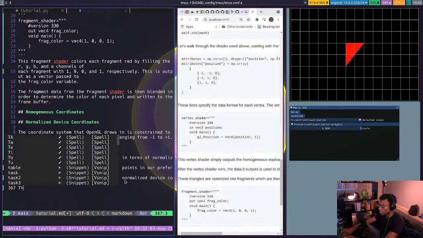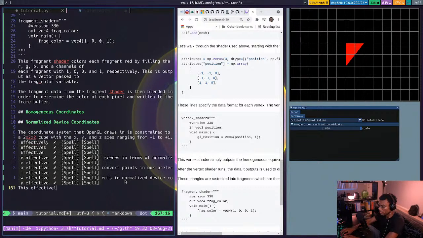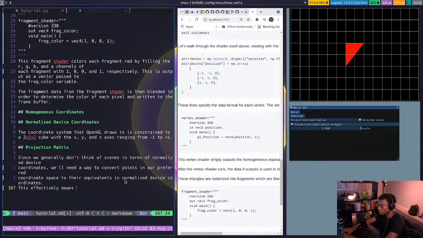Well, I could say this effectively means at each point in... Nah, forget it. I'll just say this is done with the projection matrix.